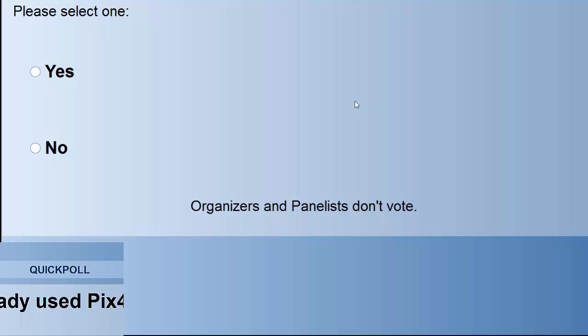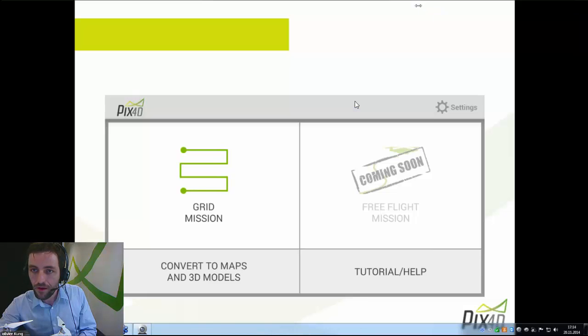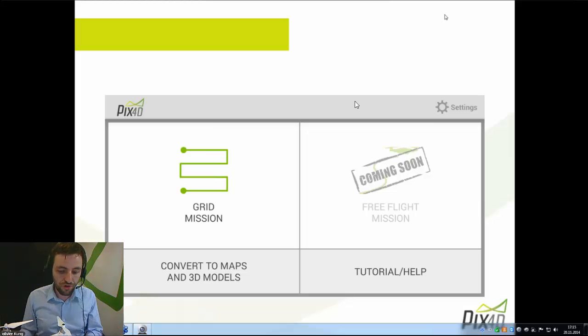So make sure that you have a clear area without too many buildings around you. Then do not power the drone on yet. Keep it nicely shut off on the ground.